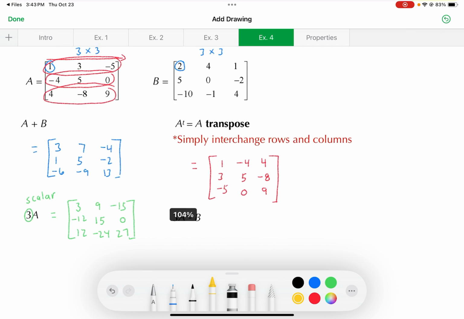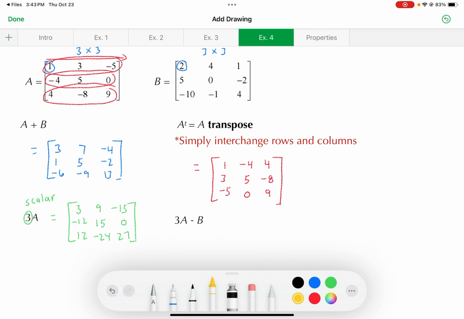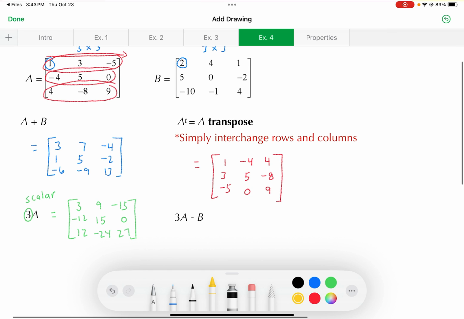All right, lastly, we're being asked to take 3 times matrix A and subtract matrix B. Well, I've already found 3A, that's the matrix in green. So I just need to take those elements and subtract the elements of matrix B. If I take 3 and subtract 2, of course I get a 1.